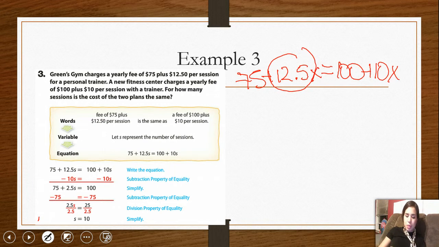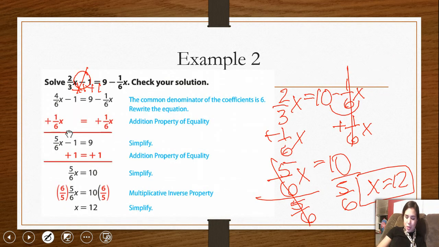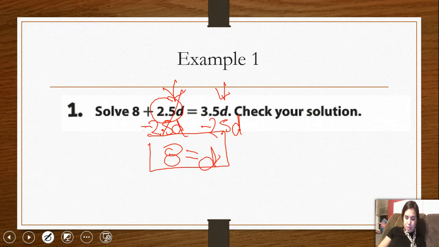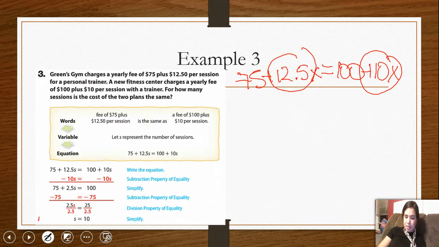Hang on, let's just be sure what I did. Oh no, I got rid of the left side. Okay, so let's get rid of the right side now.